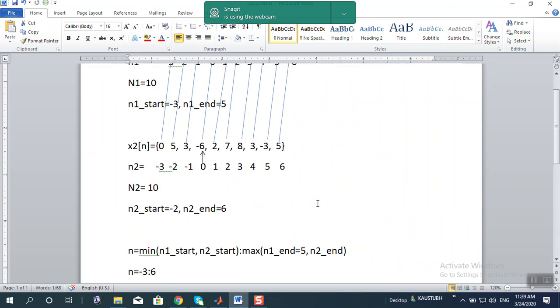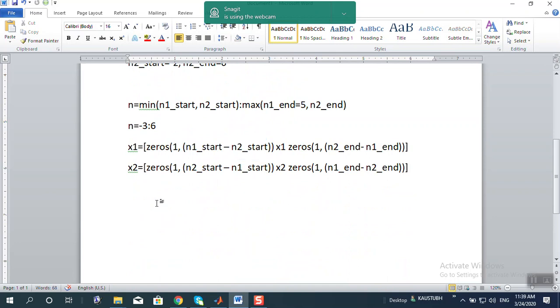Suppose I do the addition, say z1 is equal to x1 plus x2, so what will it be?